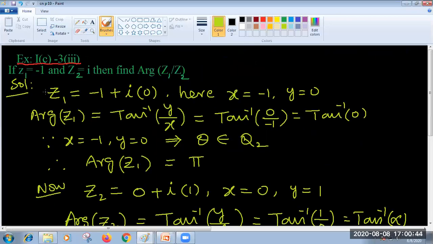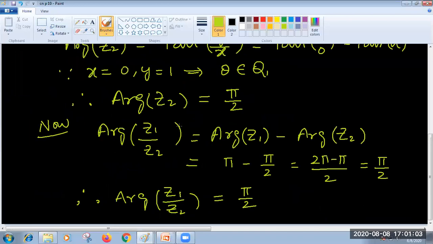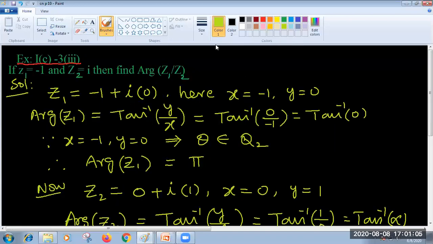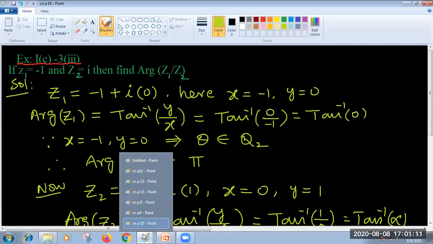So z1 is equal to minus 1 and z2 is equal to I. Then find argument z1 by z2. So this is how we find this one. You can look at this. Now let us take some problem.